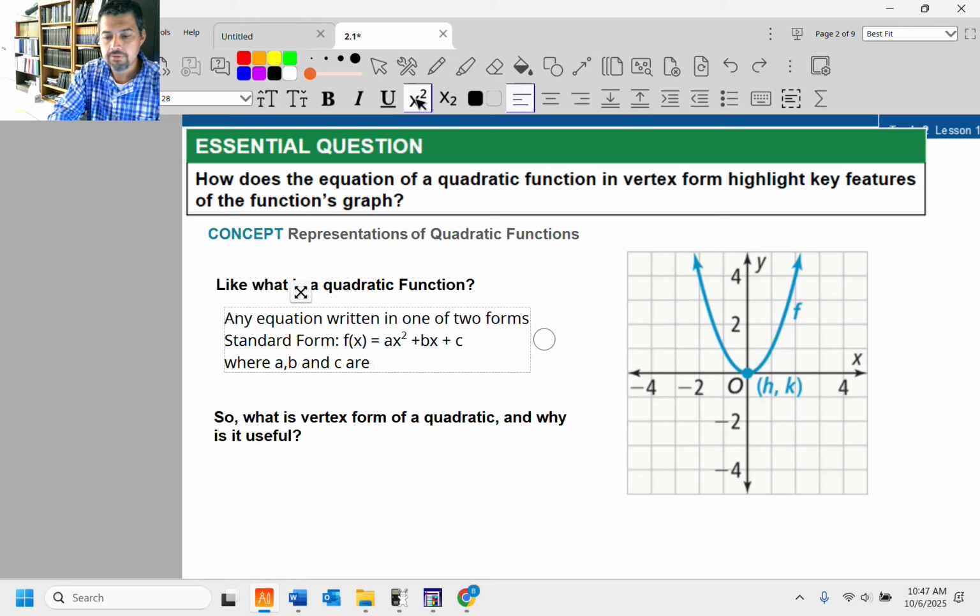They are real numbers, and a is not 0. Because if a is 0, you don't have a quadratic, you have a line. Or vertex form.